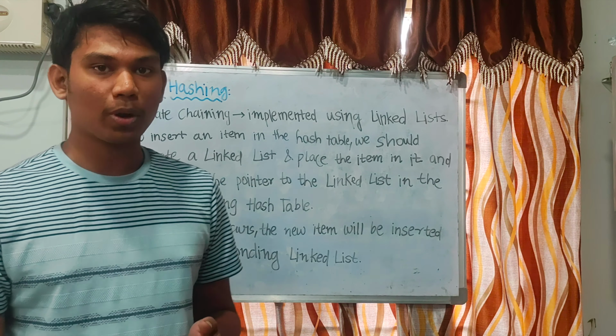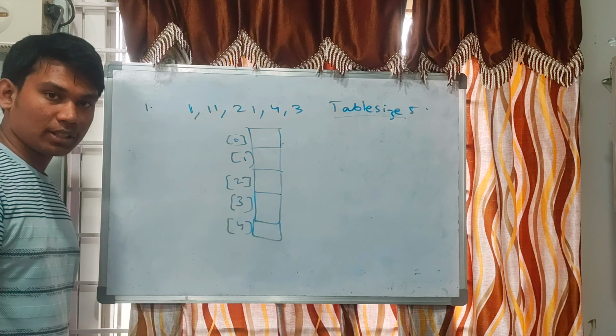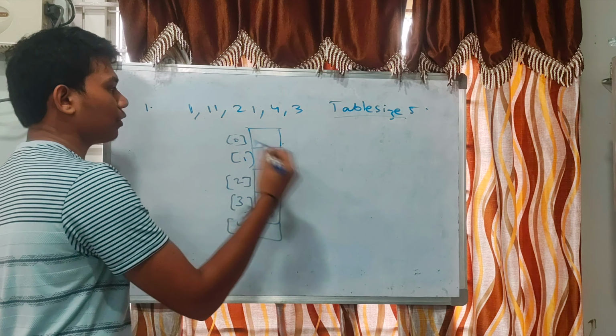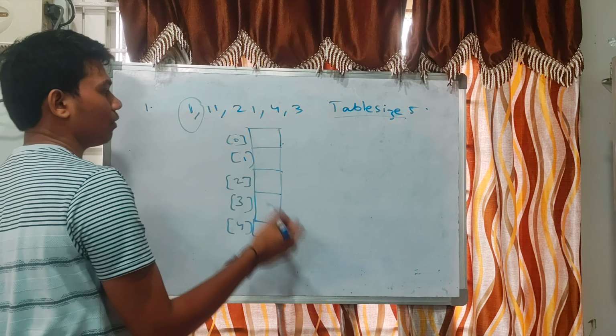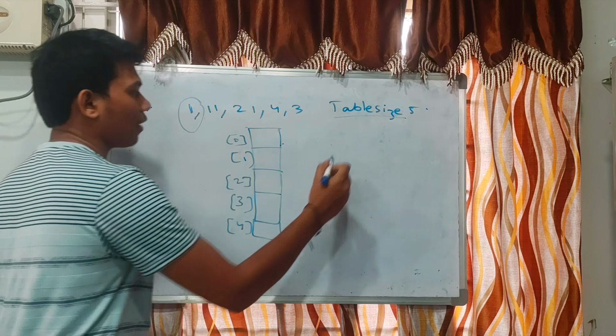Now let us see it with an example. Let us consider the insertion of these elements into the hash table: 1, 11, 21, 4 and 3, and as usual our table size is 5. First, suppose we insert the element 1; we store it in a linked list. Now we have to store the pointer of this linked list in the hash table. To determine the position of the pointer, we apply the hash function on this element.